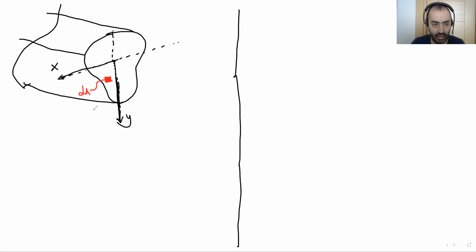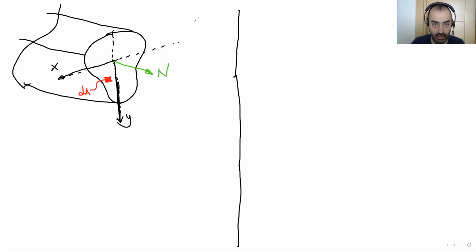It's a small area. This section is under the axial force effect. So what is the axial force on this dA, on the red area?